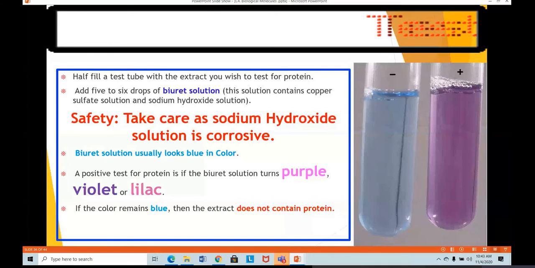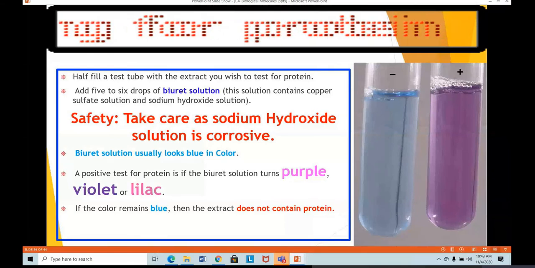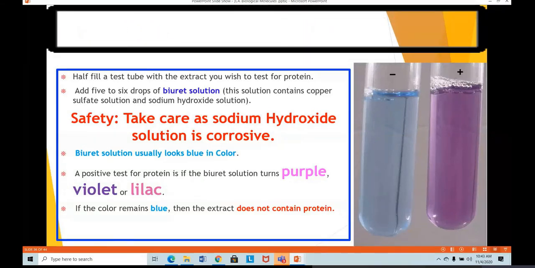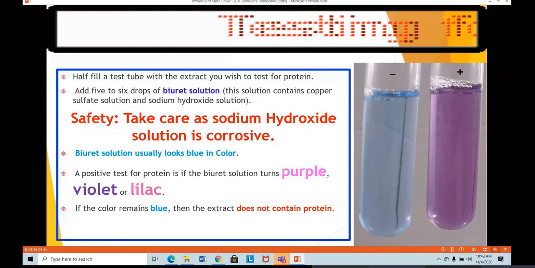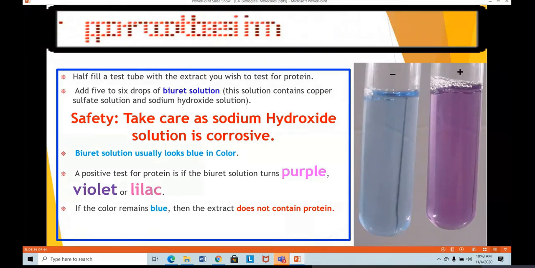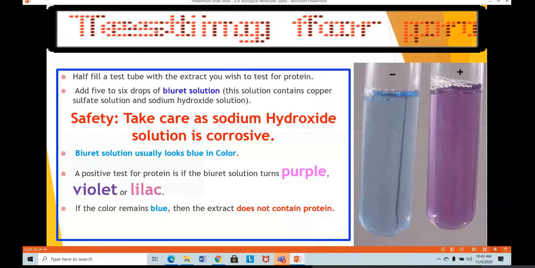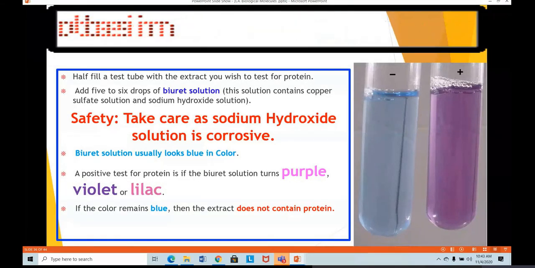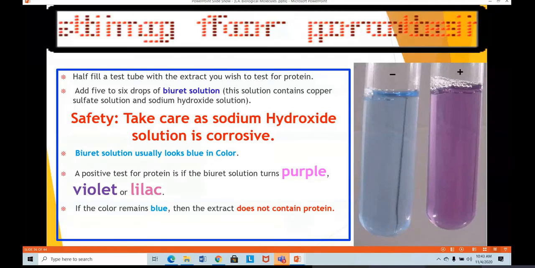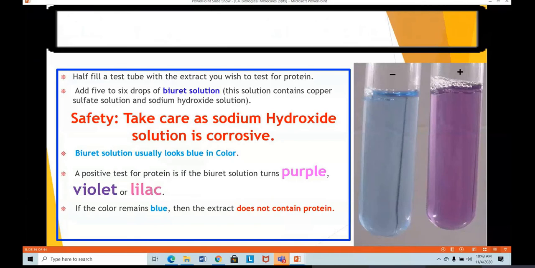And this is the test which we do for proteins. What is the name of the test, ladies? Biuret test. Excellent. So what do we do in this test? Can someone please read out? Because we did already. Half fill a test tube with the extract you wish to test for protein. Add 5 to 6 drops of biuret solution.